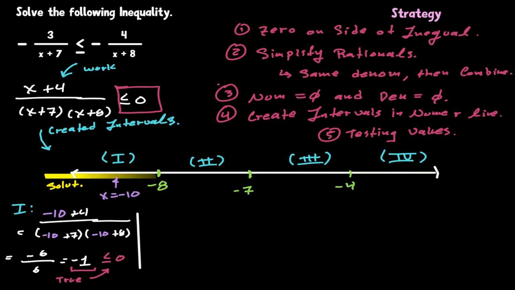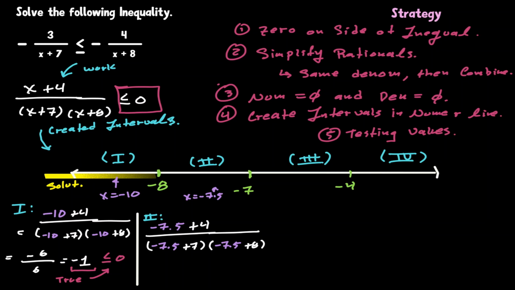Now let's move to our second interval. Let's choose any number in this interval. Let's choose -7.5. Let's plug that in to our inequality. On the numerator, we're going to get -3.5.